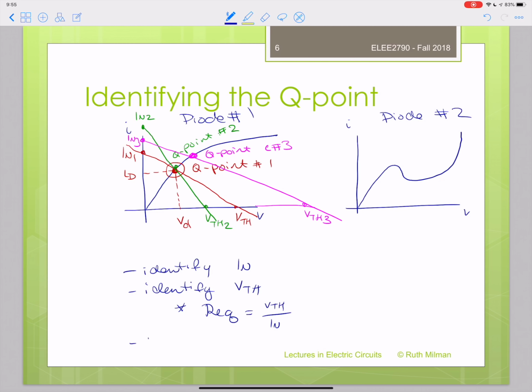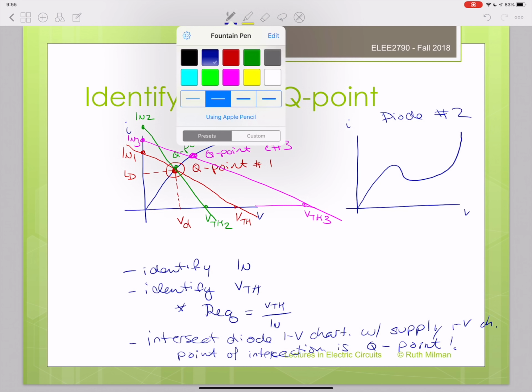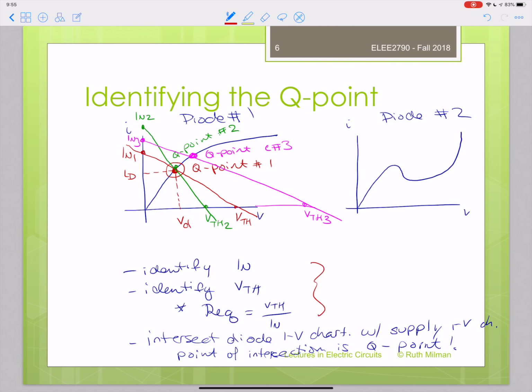And then you intersect your diode IV characteristic with your supply IV characteristic. The point of intersection is your Q point. Ultimately, the punchline in this is the circuit will operate based on the current and voltage at the Q point.